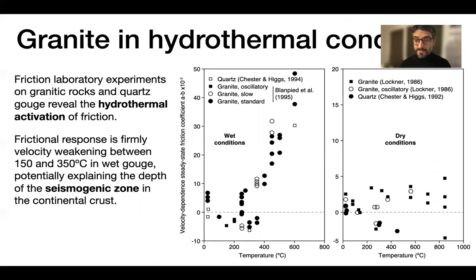Beyond temperature effects, the frictional response of rocks is sensitive to the fluid content, with very different effective frictional properties in dry and wet conditions. For example, in wet conditions, the frictional response of granite exhibits firm velocity weakening properties between 150 and 350 degrees Celsius, possibly explaining the depth of the seismogenic zone.